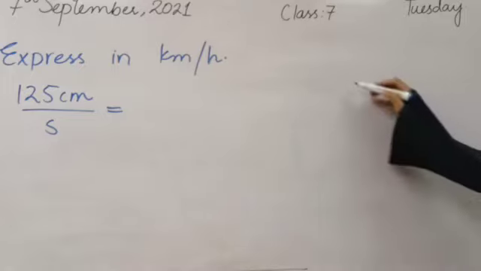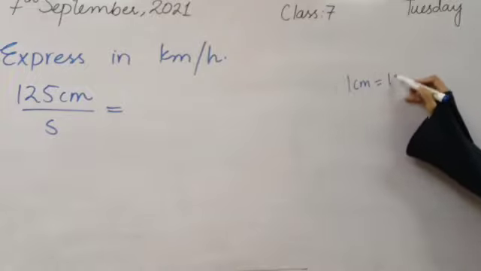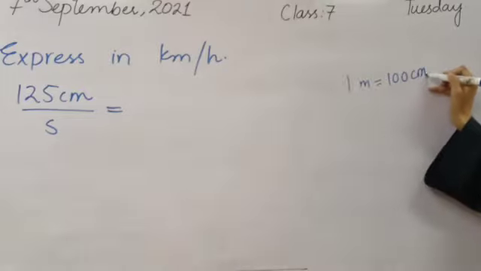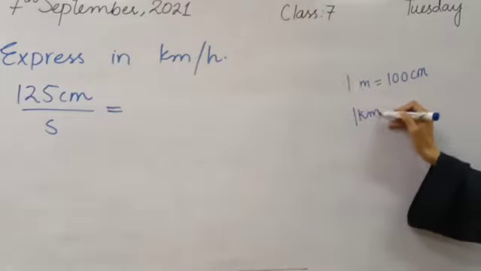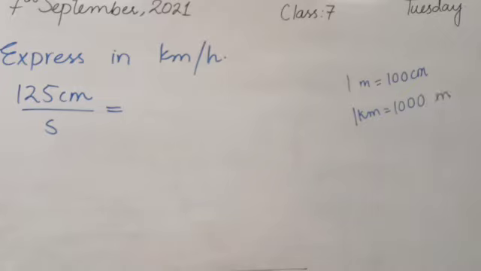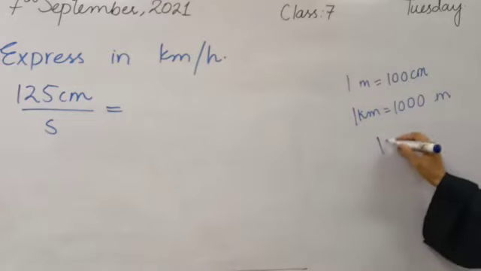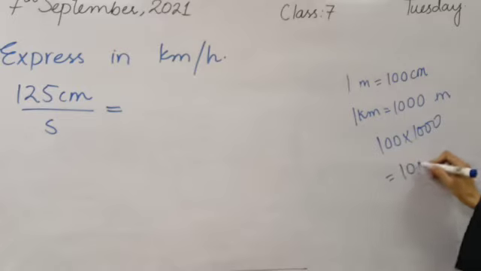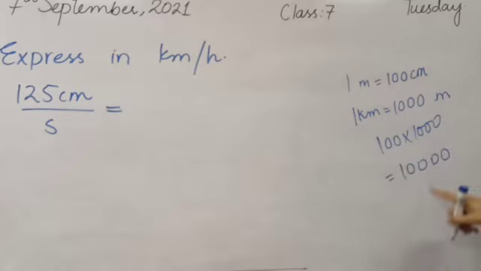No. But we know that 1 meter is equal to 100 centimeter and 1 kilometer is equal to 1000 meter. So to go directly from centimeter to kilometer, we'll multiply 100 and 1000. So 100,000 is the conversion factor for centimeter to kilometer.